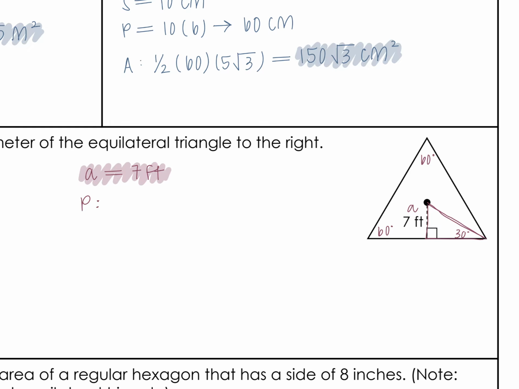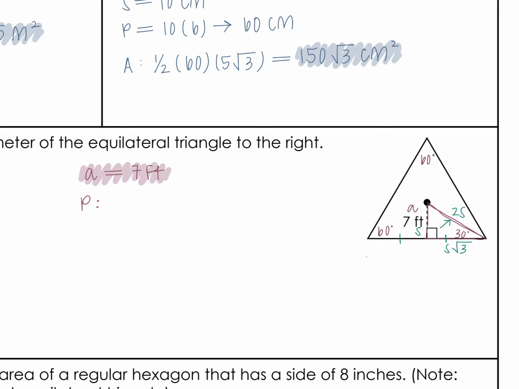So I'm going to label my ratio, which we know opposite of my 30 should be S. My hypotenuse is going to be 2S. And then opposite of that 60 should be that S√3. Well, when you have an apothem being drawn, it's going to bisect the side.